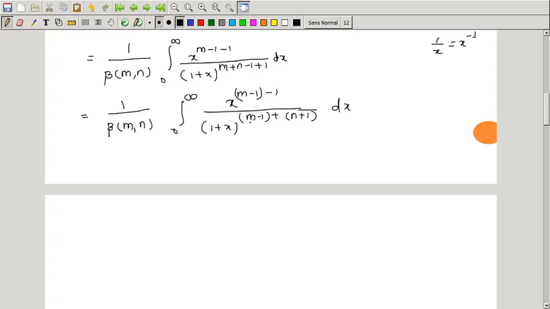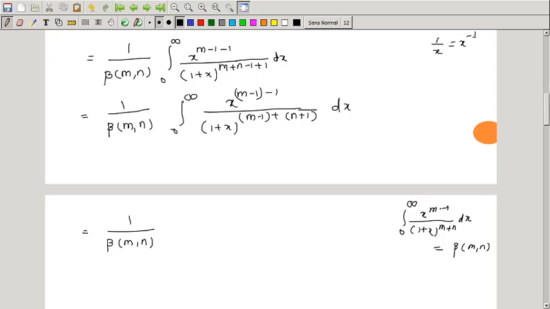What we get from this is 1/B(m,n) times, because we know that the integration from 0 to infinity of x^(m-1)/(1+x)^(m+n) dx is nothing but B(m,n).